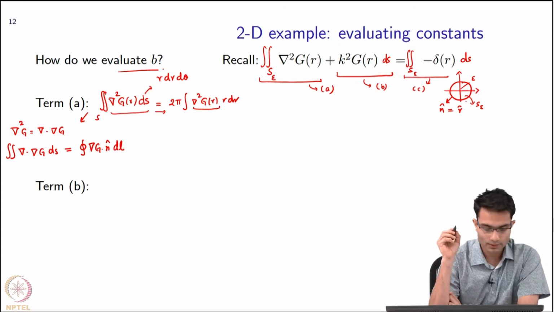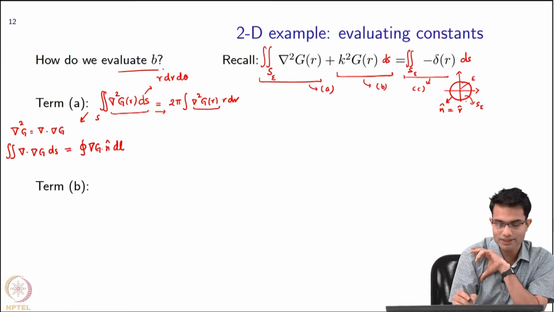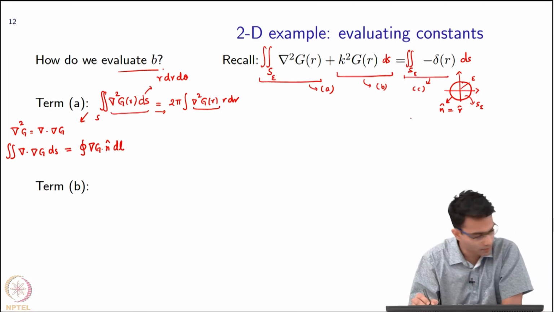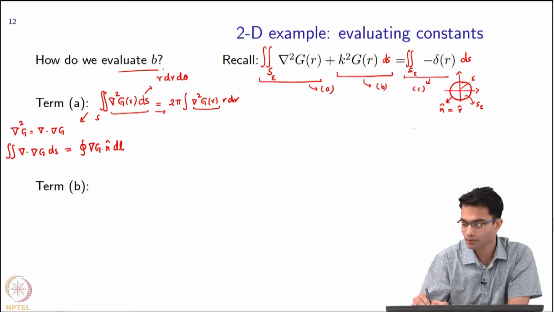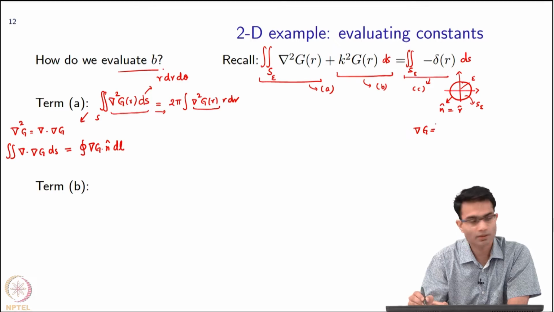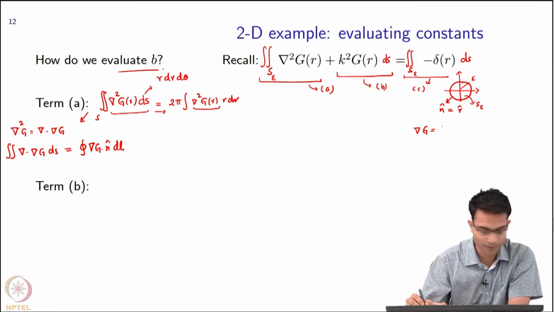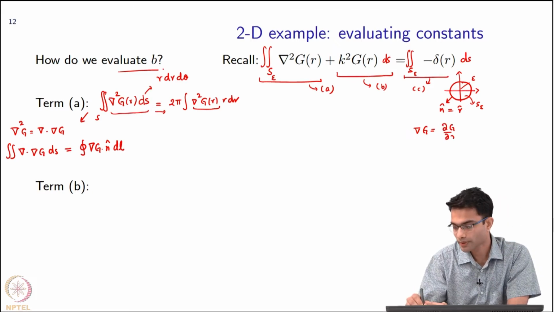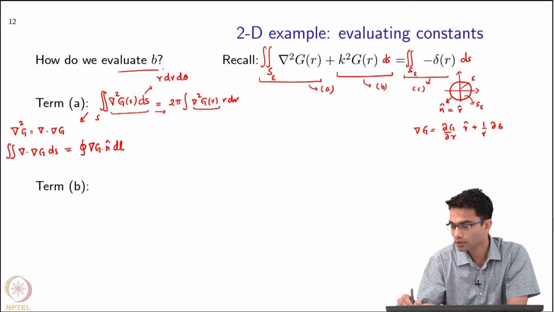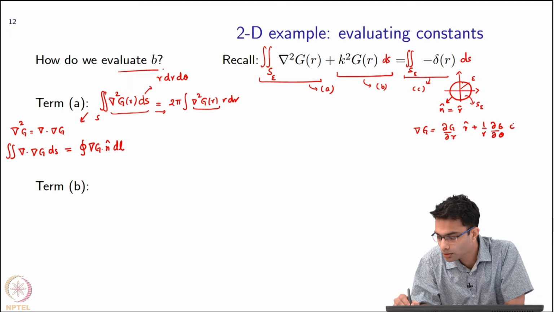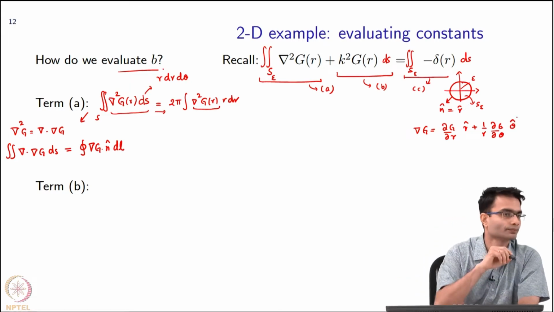What is the definition of del g in polar coordinates? This one is not that difficult. Del g in polar coordinates, the first term is simply dou g by dou r along r hat and 1 by r dou g by dou theta along theta hat.